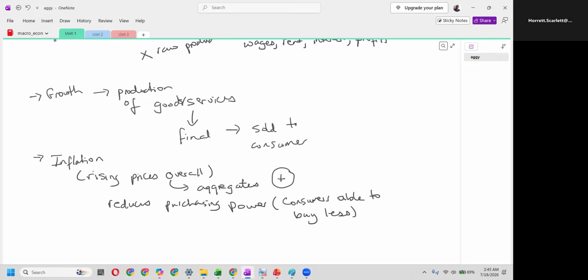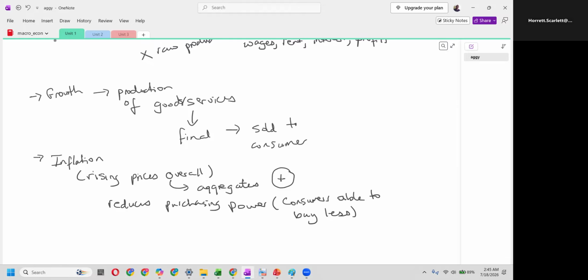So as the overall prices rise, as consumers, our money, our purchasing power is going to be devalued. And so we are going to be able to consume less because we are able to buy less. So macroecon looks at inflation and looks at ways in which we want to keep inflation stable. We don't want prices to be rising too fast or to be dropping too low.